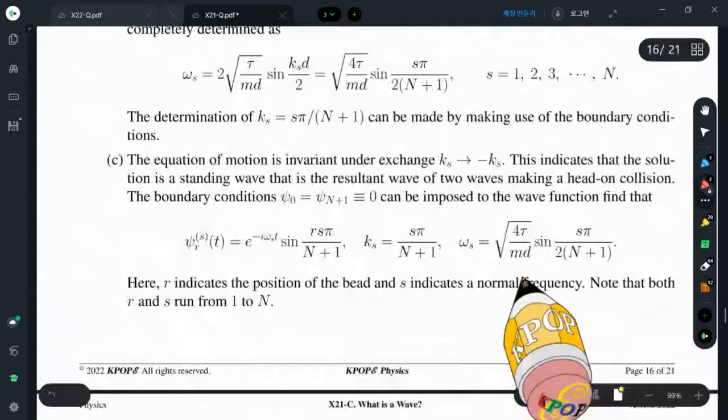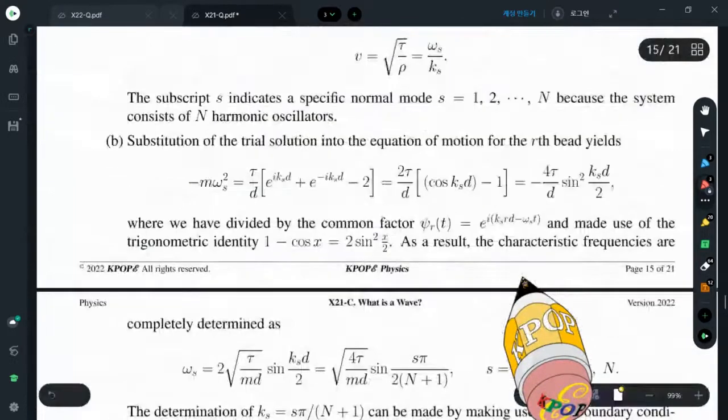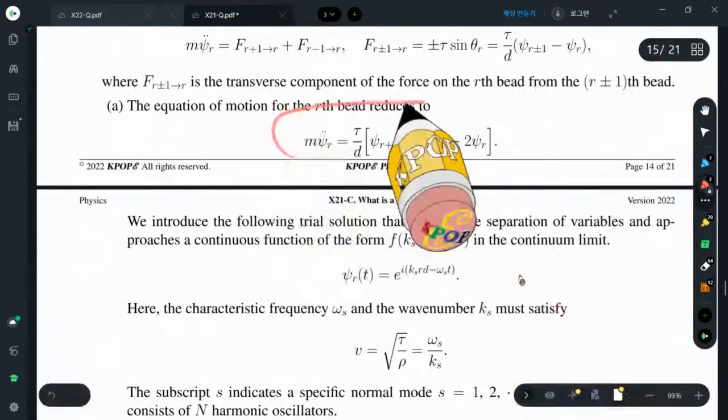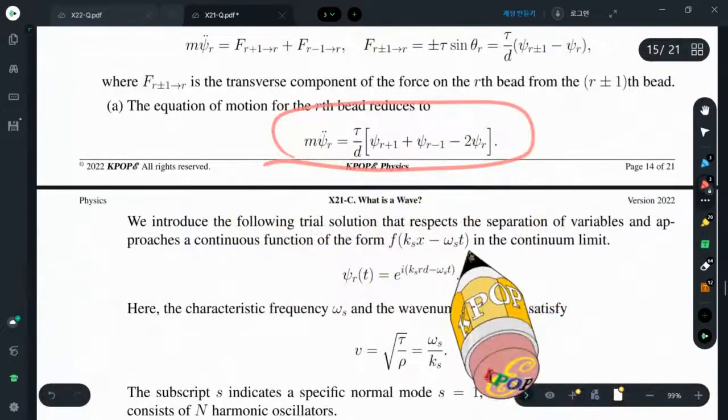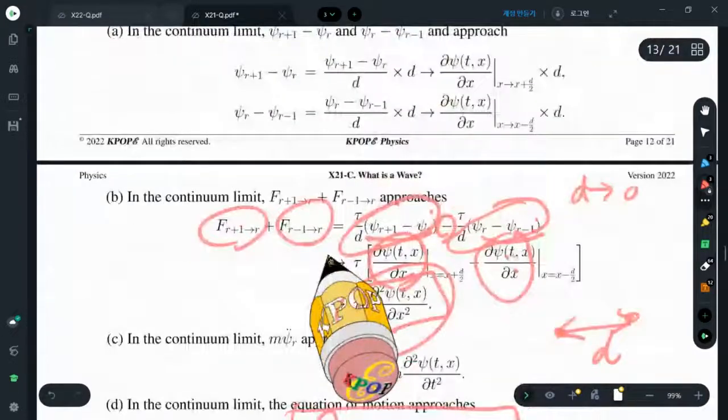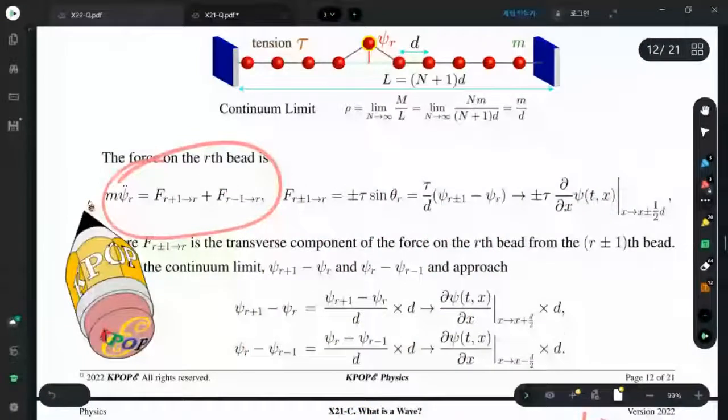Let me tell you the final result for this kind of wave, and the solution for this equation of motion that is identical to what we have written in here.